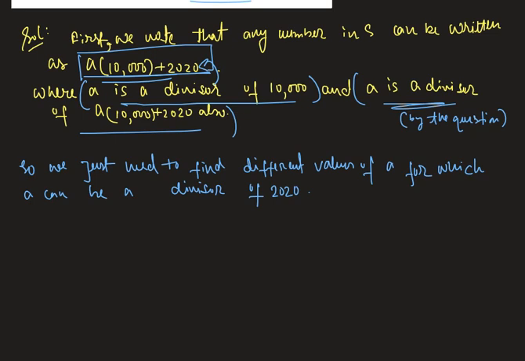Therefore A can be a divisor of 2020. So to find the total number of factors of 2020, we need a formula. First we express 2020 as its prime factors.